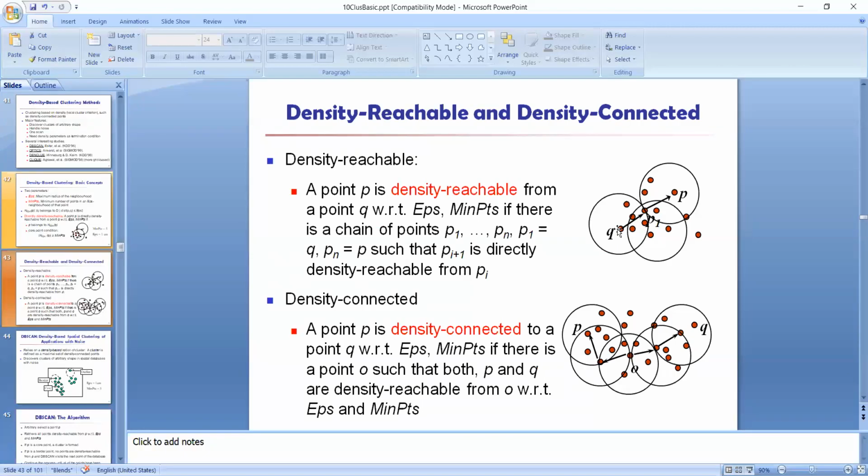For that, instead of checking directly density reachable, we can check with a chain. Checking from Q, P1 is directly density reachable, right?